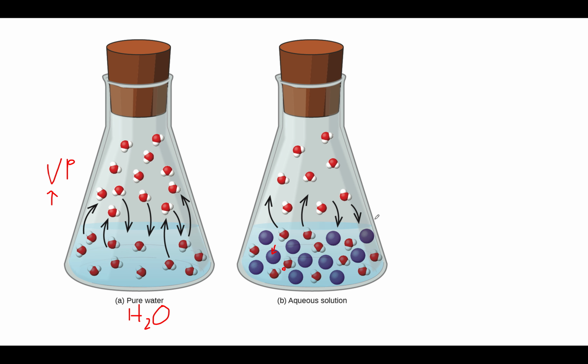So the molecules are going to escape at a lower rate. See, there are fewer molecules escaping here, and that's going to result in a lower vapor pressure. So that's an important concept to understand. If I add a non-volatile solute, you're going to lower the vapor pressure because the solvent is going to want to interact with those molecules, causing the vapor pressure to go down.